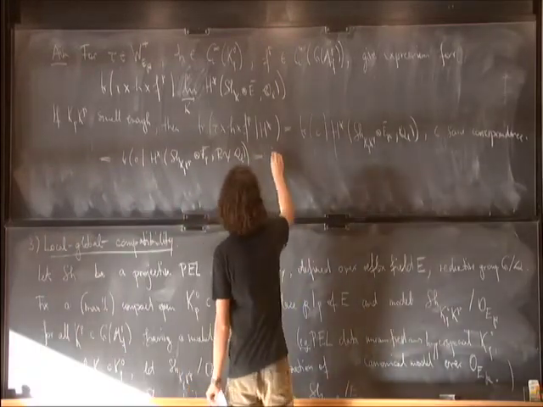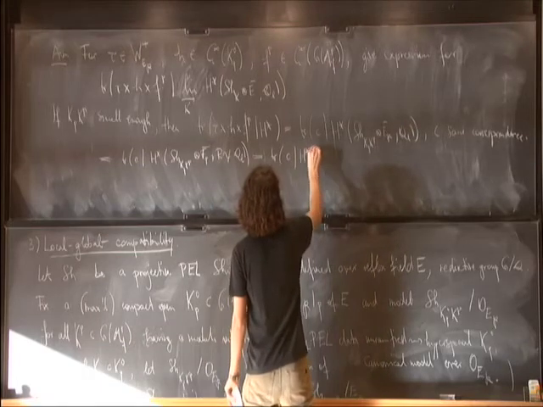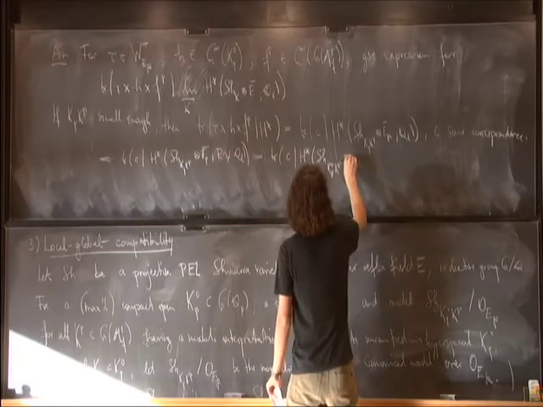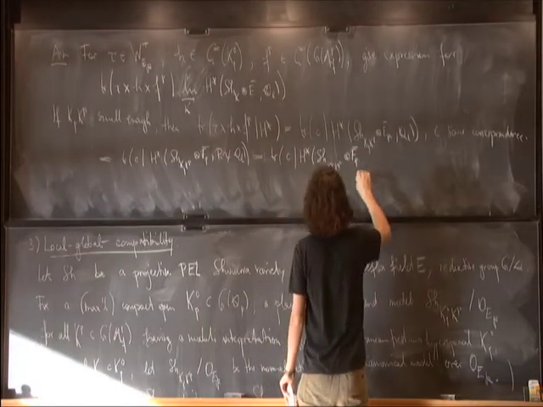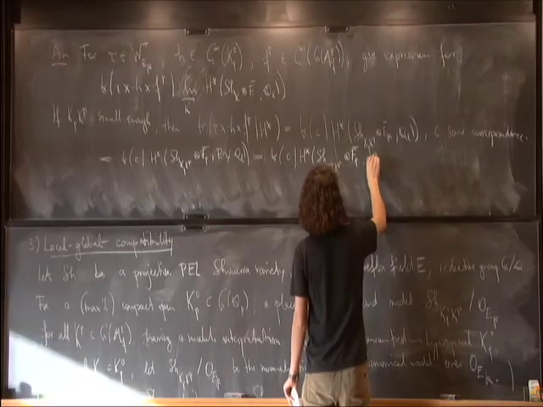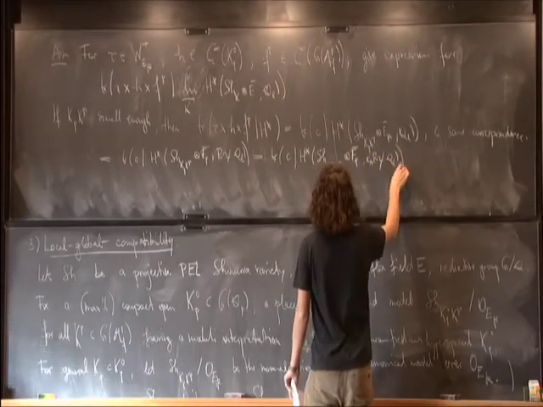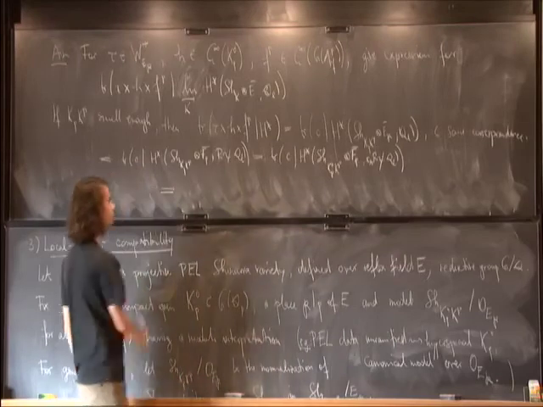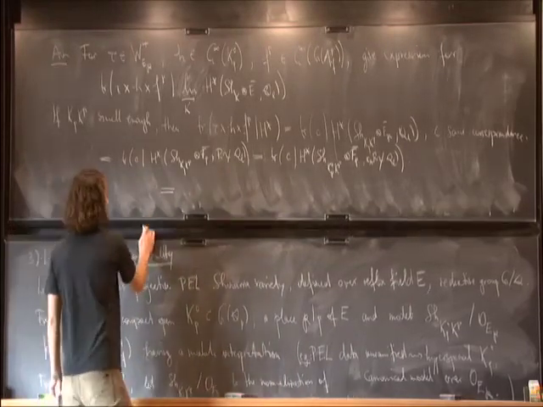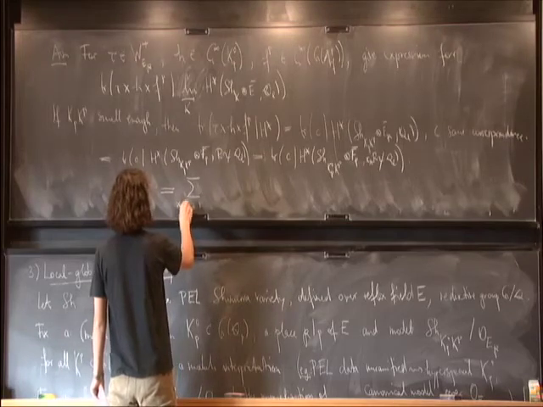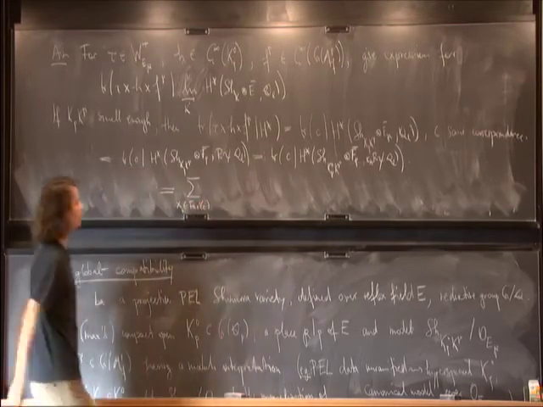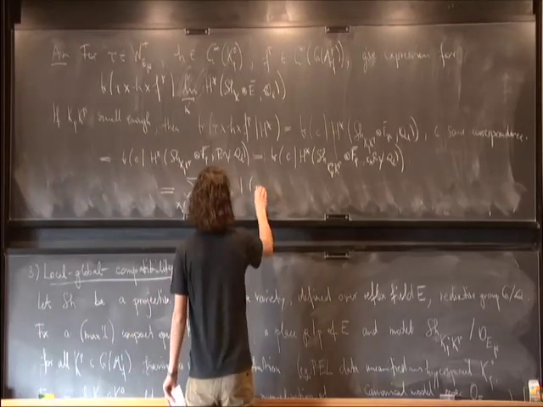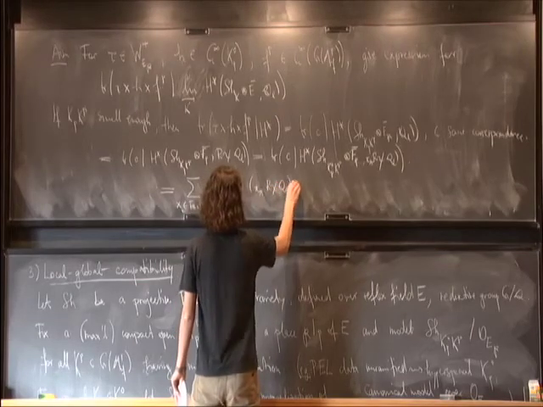And then you can use a projection to rewrite this as a trace of this correspondence on the Shimura variety with good reduction, so to say, with values in pi lower star of the nearby cycles. And now we apply the Lefschetz trace formula to see that this is in fact a sum over all fixed points of the correspondence of a local correspondence acting on the stalks of this sheaf.